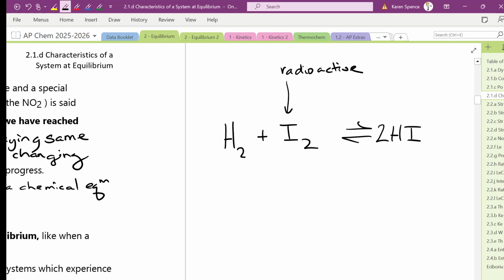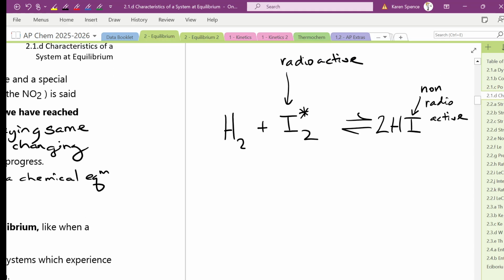So you would start with H2 and I2, and this one here, this I, is non-radioactive.